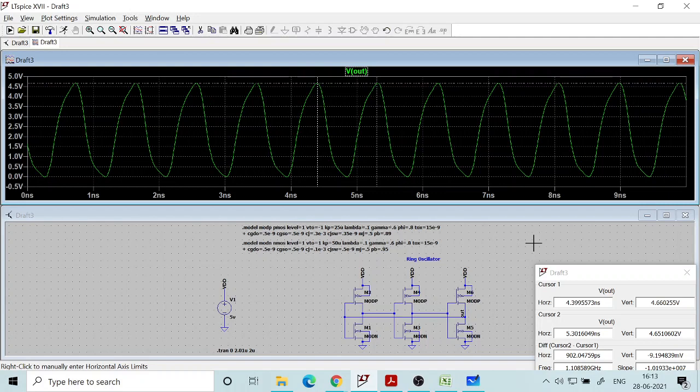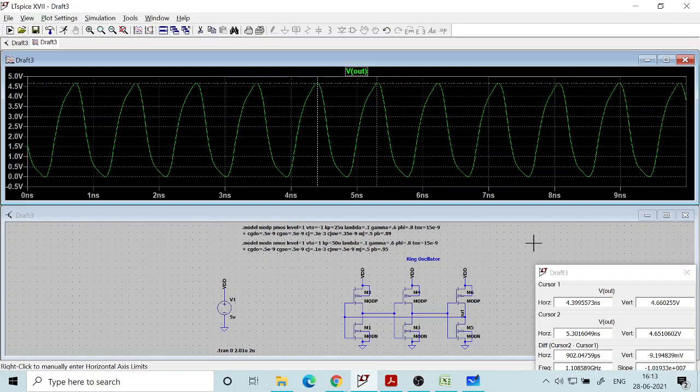Time period is basically 2t into n, where t is the delay of a single inverter, 2t into n.